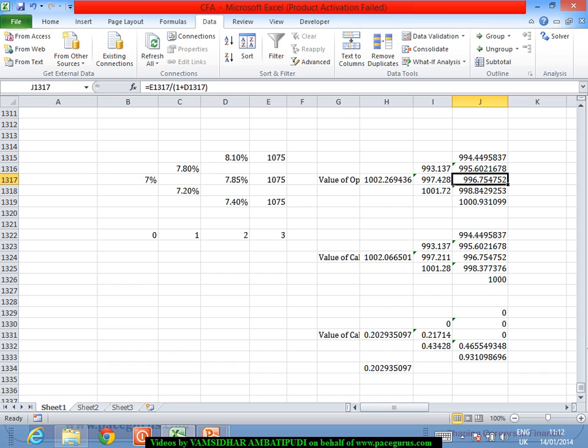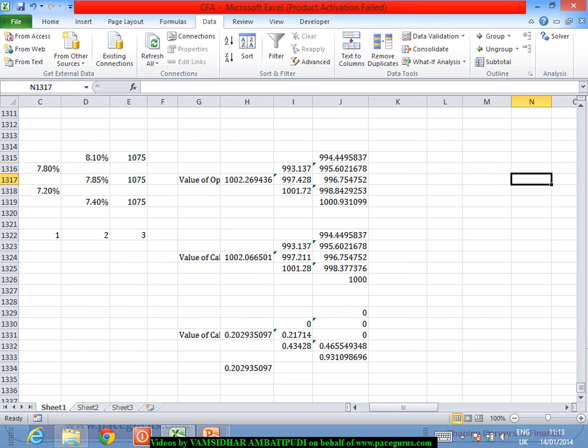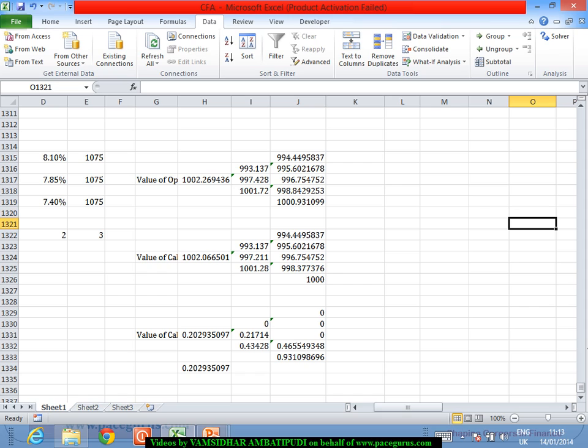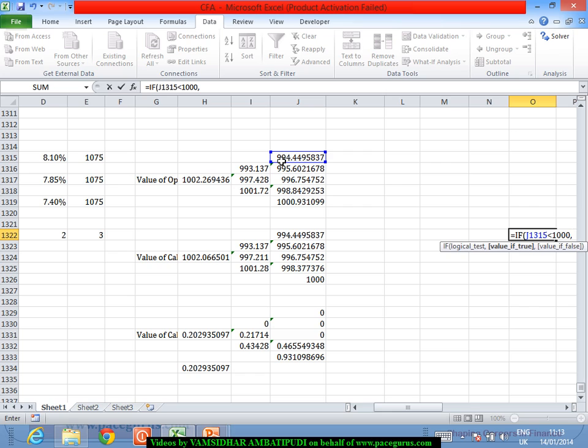The same way I can do a put option. If I want to look at a puttable bond, wherever the market price is less than 1000, make it 1000. If this value is less than 1000, make it 1000, because a put option will be exercised only if the market price is less than the strike price.